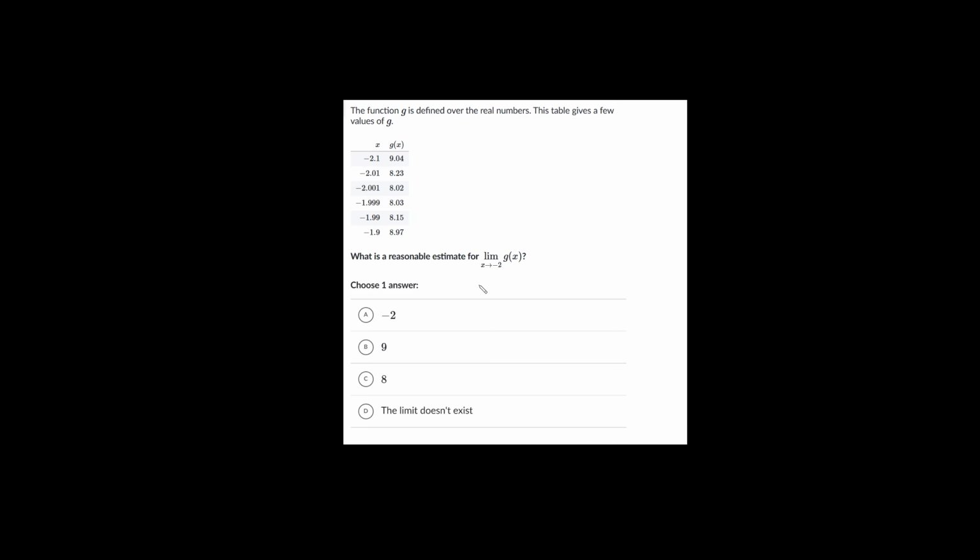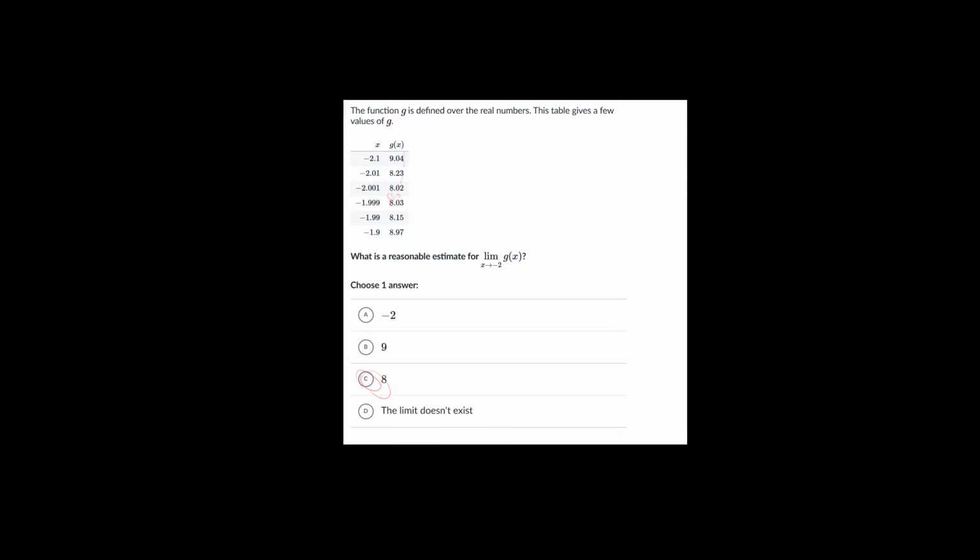So we can see these are closest to -2. And it looks like it's decreasing. There's a placeholder here where g of -2 is, and it starts increasing. So it'd probably decrease to 8. It looks like that's literally the closest number. And then it started increasing. So the answer would be C.